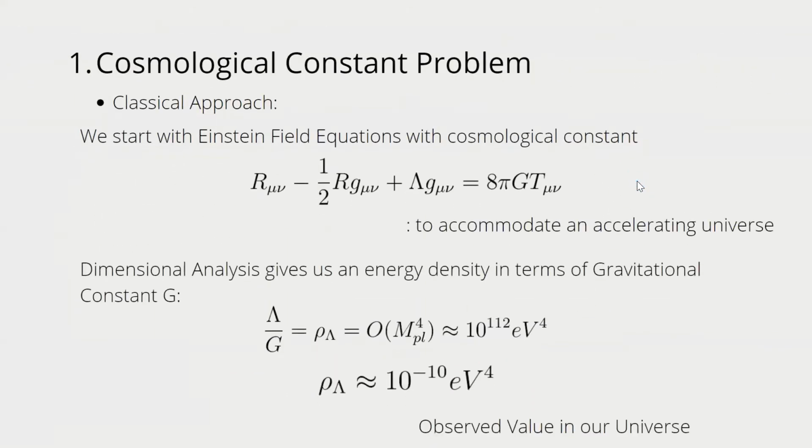The first is related to the hierarchical fine-tuning problem, which argues that if vacuum energy density plays a significant role at present time, its value must be extremely small relative to the theoretically expected values. But that's not the case. The next problem puts some bounds on the range of values of the cosmological constant.